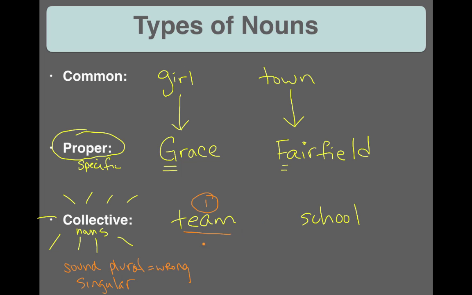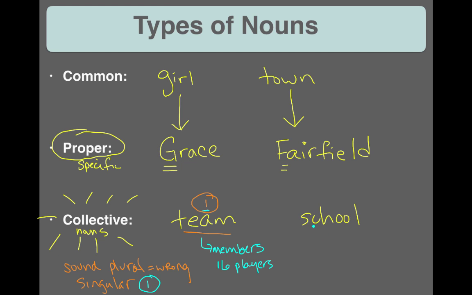The reason why it tends to be difficult is because in our brains, we think of the members of the team. And we might think of, the soccer team has 16 players on the team. However, yes, there are 16 people on the team, but it still comes back to the fact that there's just one team. One team is singular because it's one.